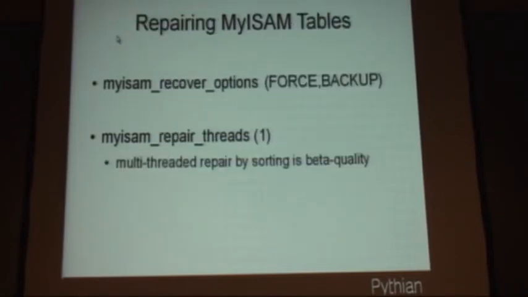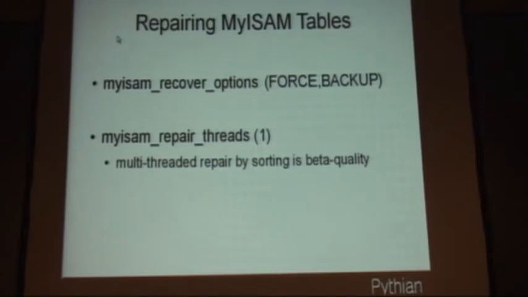Repairing MyISAM tables. If MySQL crashes and tries to recover, or you do a repair table, sometimes you might see that a MyISAM table is marked as crashed, and MySQL is going to try to automatically repair it. Basically, the recover options are in recovery mode. The value is a set, so it can have any combination of the values default, force, backup, or quick, separated by commas.